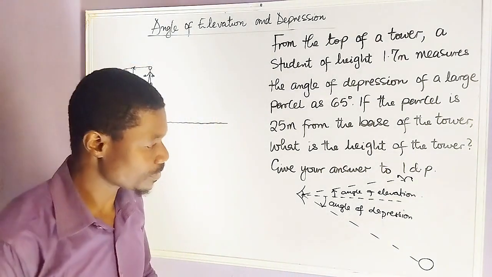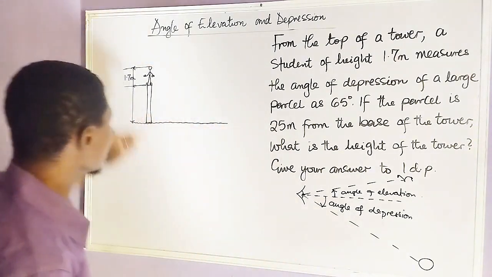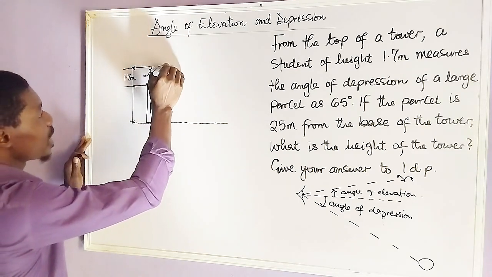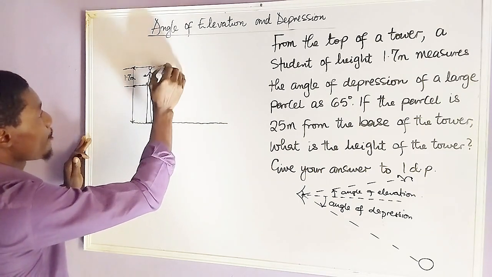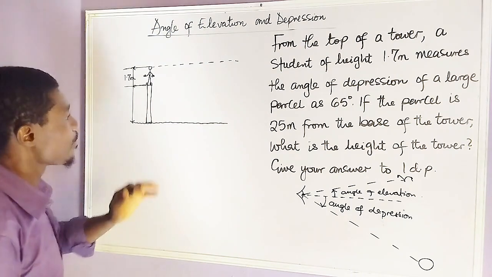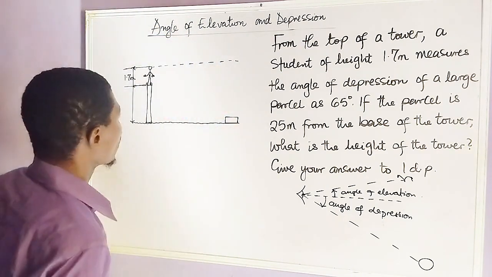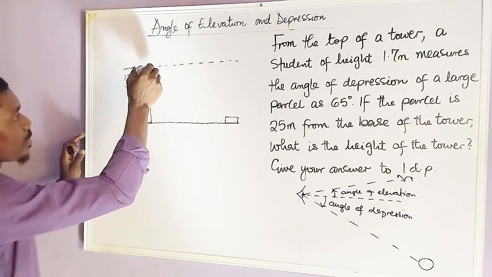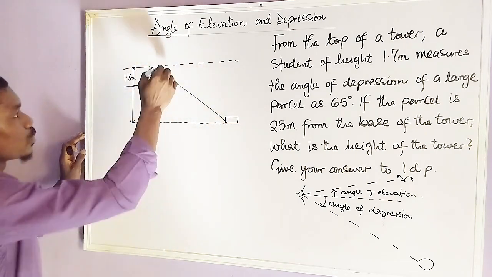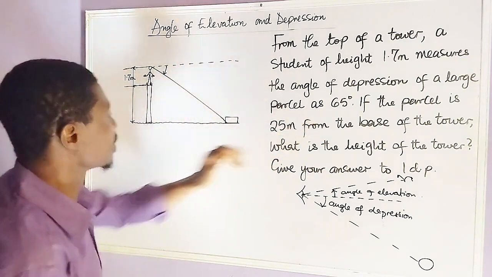Picking up from this illustration, this guy here has his eye view initially at horizontal. A parcel, let's just say, is here. Now the angle of depression, which means this way is 65.